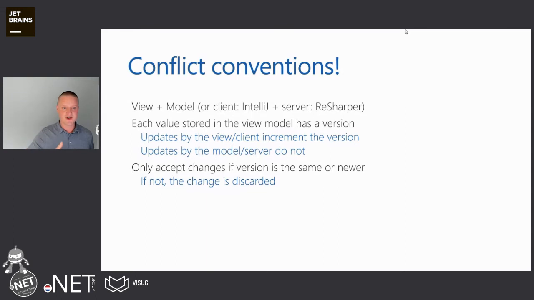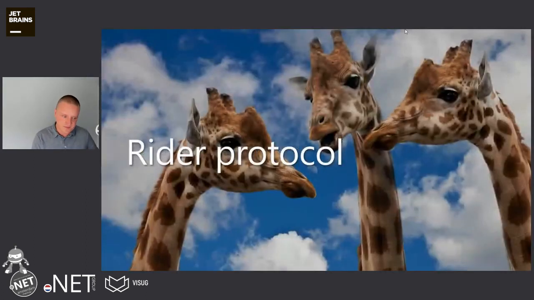We increment the version number. If you are doing something and you get a change from the other side that has a newer version or the same version, then we can apply it. If not, the change is discarded and both sides have to remodel everything and make sure that everything is up to date. So very simple convention, pretty much last one or newest one wins, so to speak.